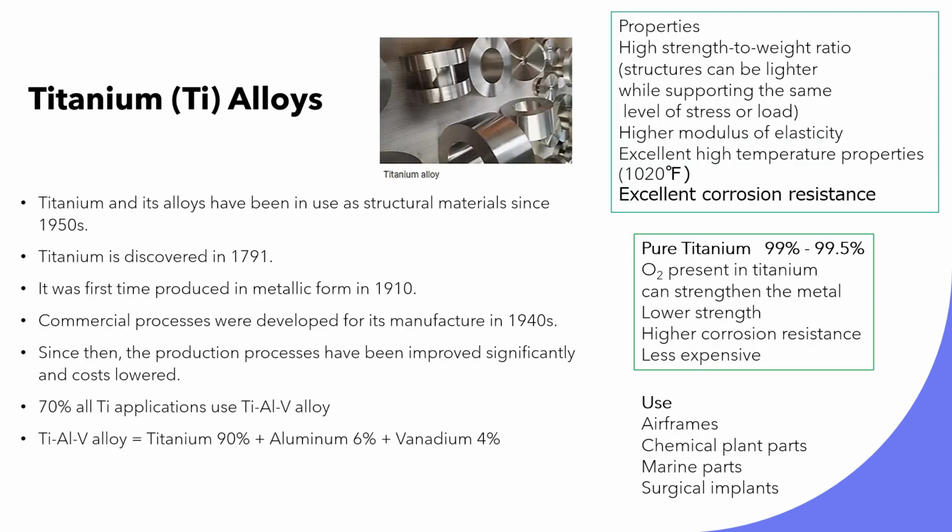Now we get into the next metal, titanium. Titanium and its alloys, we've been using in structural materials since 1950. We discovered it in 1791, which was a long time ago, but it was first produced in metallic form in 1910, so that's pretty new.